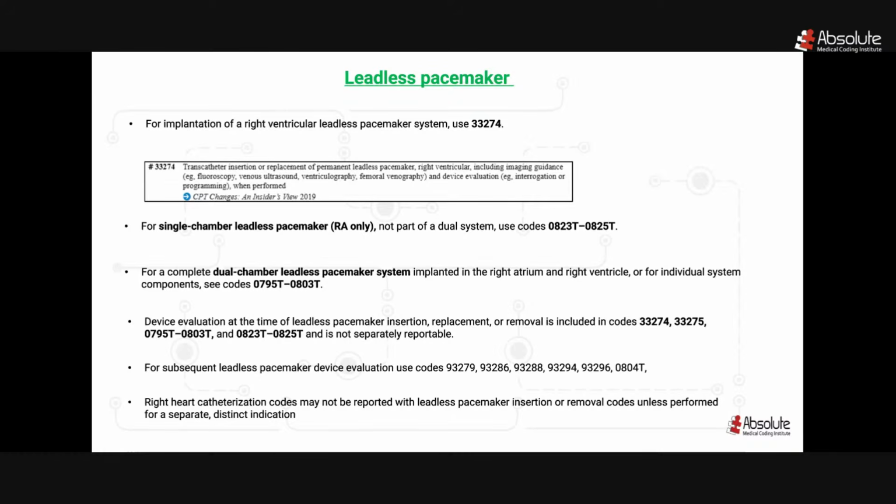For the subsequent leadless pacemaker device evaluation, you can use codes 93279, 93286, 93288, 93294, 93296, and 0804T. That simply means that device evaluation at the time of leadless pacemaker insertion, replacement, or removal is bundled in the procedure code itself. All right.